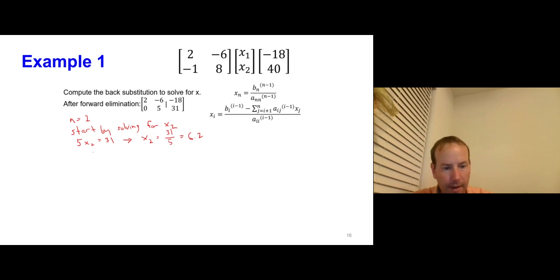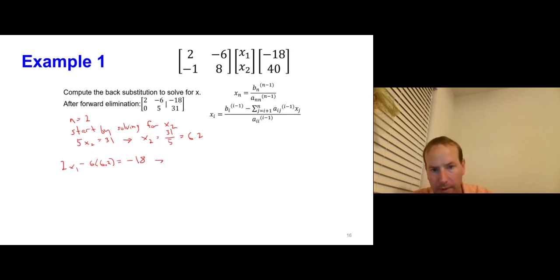Now we're going to plug that into our next equation. Our next equation, the top one, is 2x1 minus 6 times 6.2 equals negative 18, because it's the top equation from after our forward elimination.